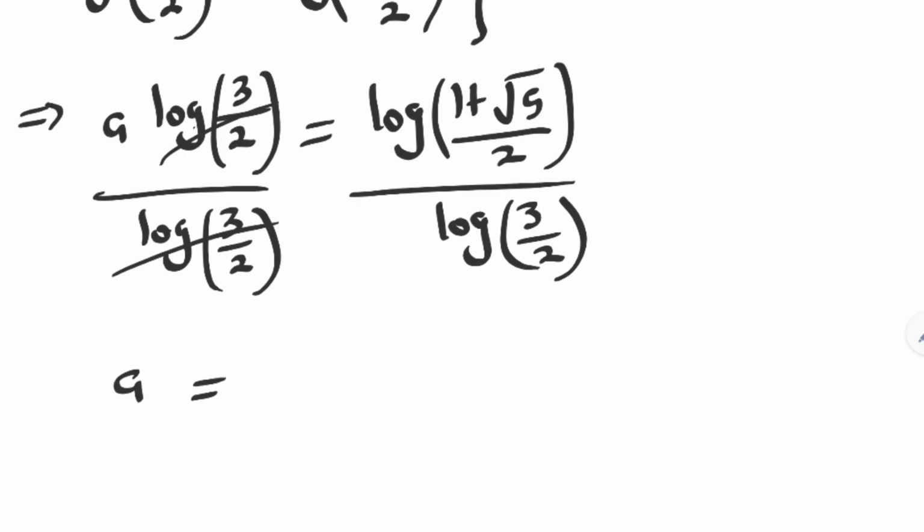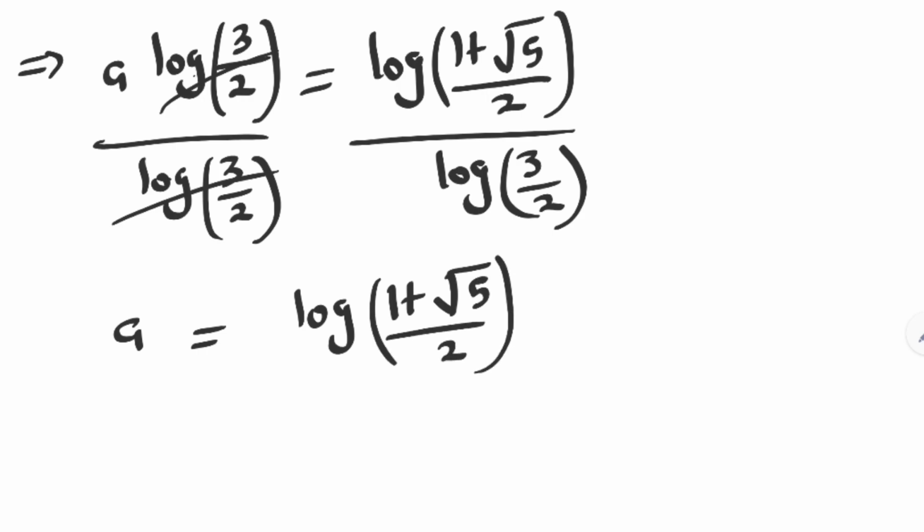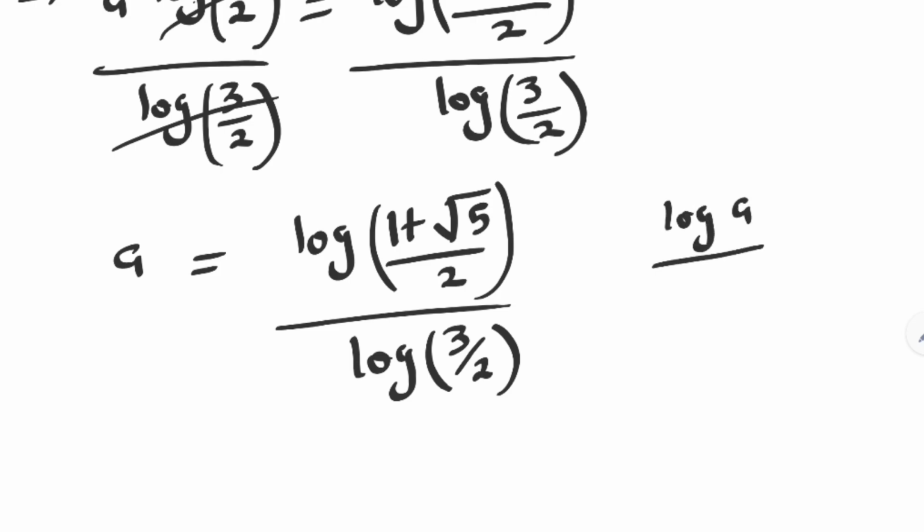A is equal to log of 1 plus square root of 5 divided by 2, divided by log of 3 divided by 2. Then if you have log a divided by log b, this is equal to log a base b.